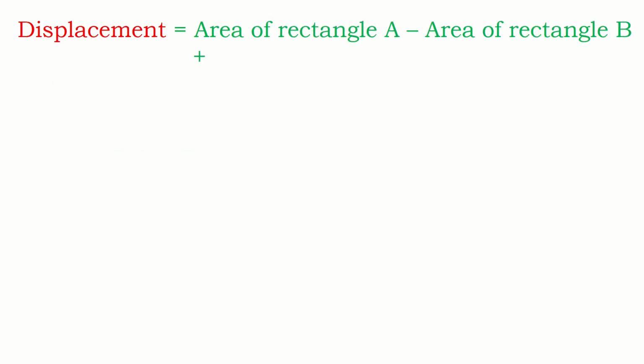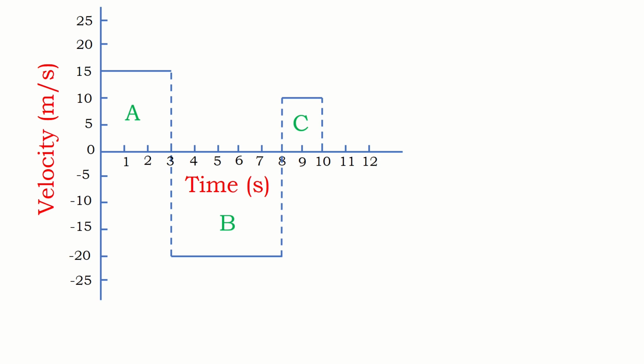Okay, now we are doing this. Displacement is equal to area of rectangle A minus area of rectangle B plus area of rectangle C. According to our graphical representation, area of A is equal to 15 into 3, but area of B is minus 20 into 5, and area of C is 10 into 2.